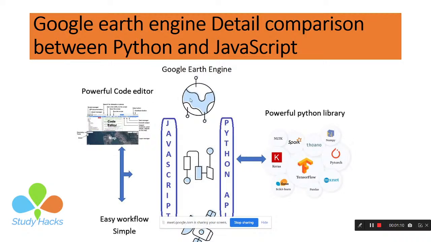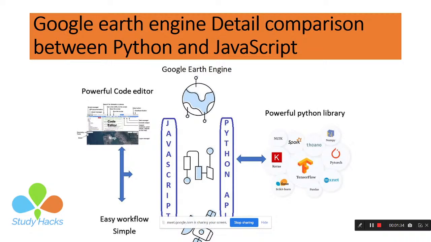But when you move to the Python API, you do not find a powerful code editor. However, Python has another facility: it has some powerful libraries, such as TensorFlow, Keras, Scikit-learn, MXNet, Pandas, NumPy.